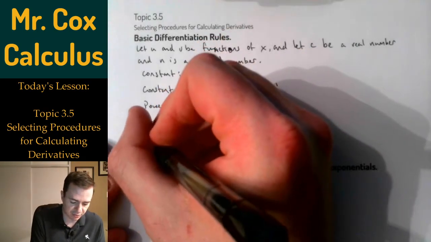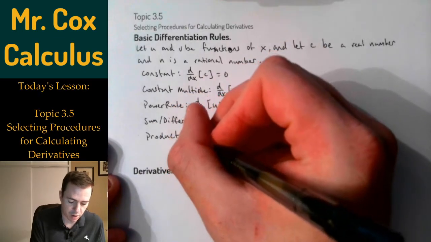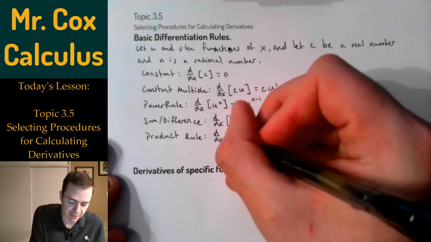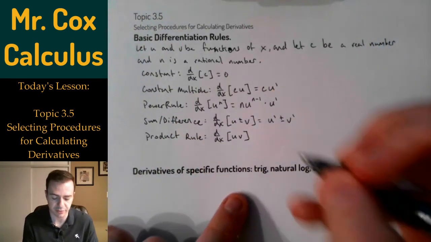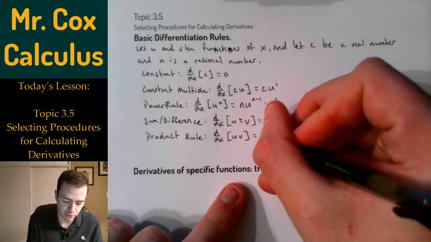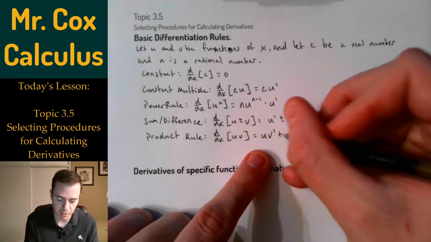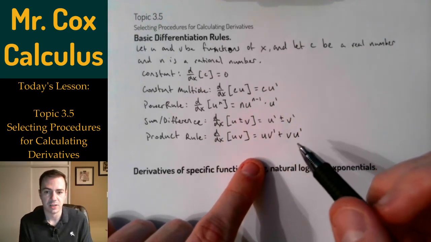We then have our more complex rules from Unit 2. We have the product rule, which states that if I take the derivative with respect to x of u times v, and again, u and v are just functions of x, that is equal to the first, u, times the derivative of the second, plus the second, v, times the derivative of the first.